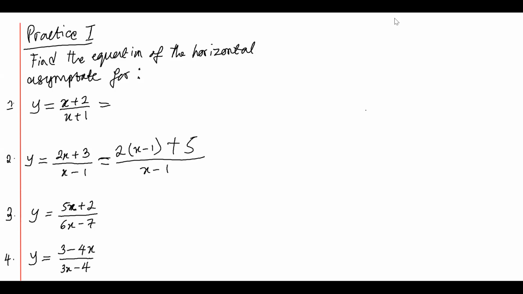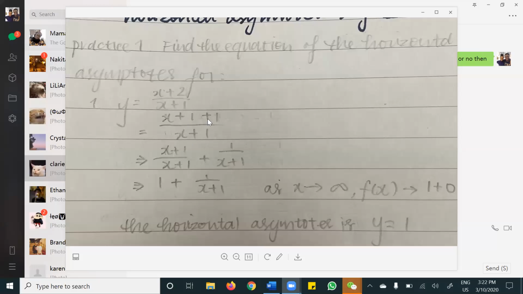Clarissa, I'm checking 1. Clarissa, can you hear me? Yes. All right, so can you see the screen? Can you see your work on the screen? Yeah. All right, so this makes sense. Breaking it down makes sense.